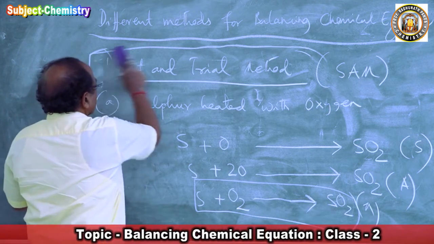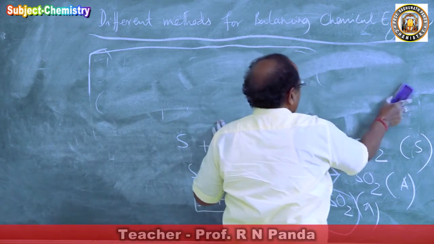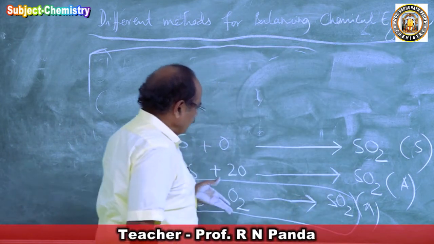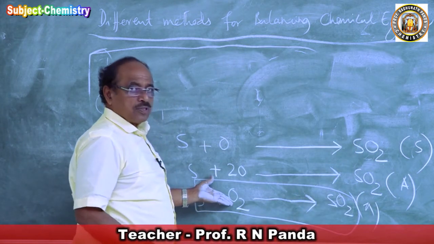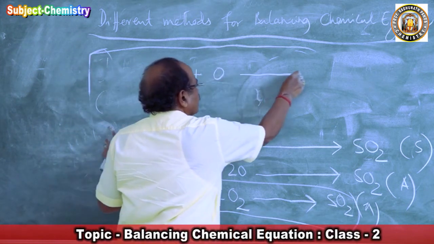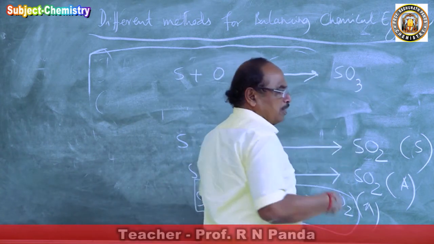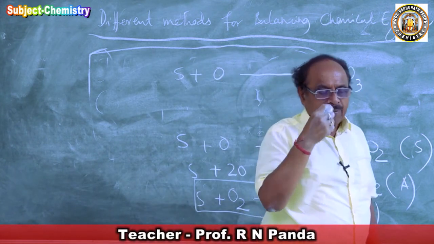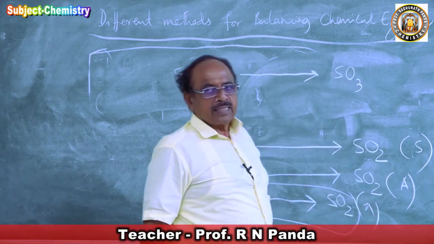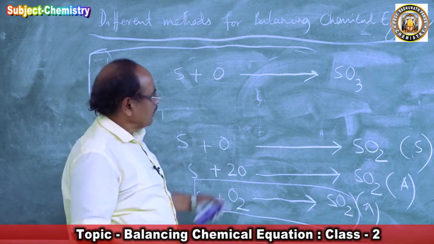The same sulfur also reacts if we heat strongly. If we heat with more oxygen, sulfur reacts with oxygen to form sulfur trioxide. If we heat again, it will form sulfur trioxide. So sulfur dioxide will react with oxygen.